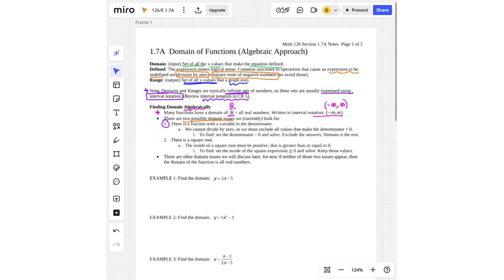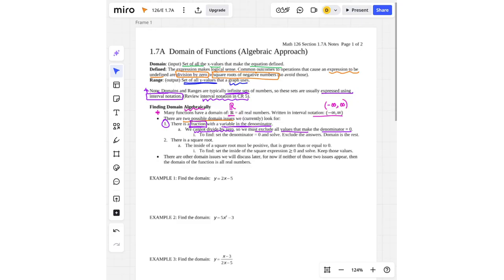Anytime we have a fraction, we're going to look for this issue if there's a variable in the denominator. So a fraction like 1/5, the denominator cannot be anything but 5, so no issues. But if I have a fractional expression where there's an x variable in the denominator, then we have potential issues. Our issue is that we cannot divide by 0. So we must exclude all values that make the denominator equal 0.